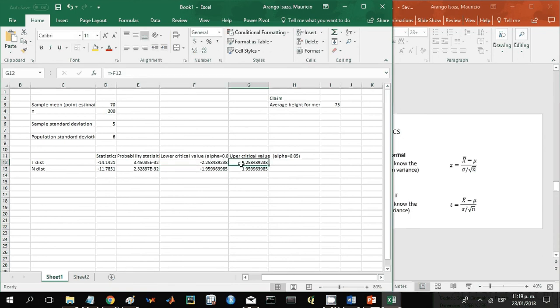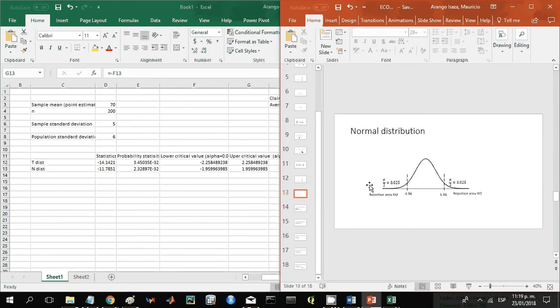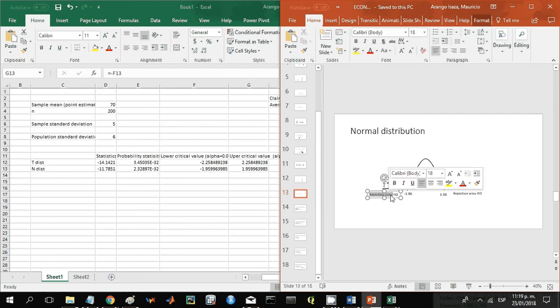And just multiplying this cell by -1, since this distribution is symmetric, is going to give you the upper critical value. Since your statistic is below the lower critical value, you're going to be here in the rejection area.